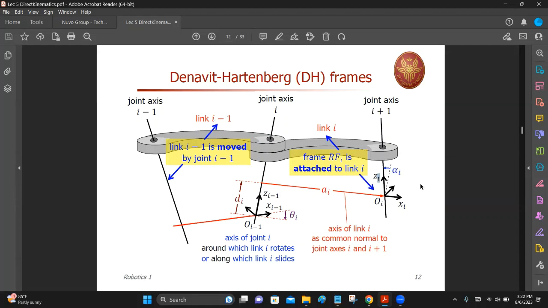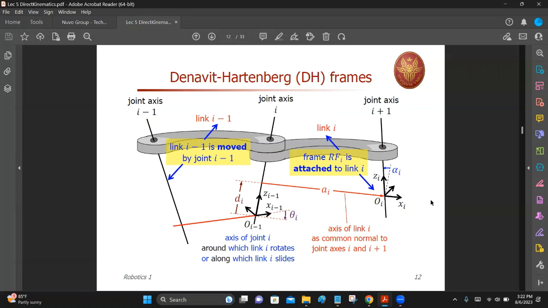So frame i minus 1 is actually the link i minus 1, at the end of the link. And frame i is actually the link i, at the end of the link. Now we have a mathematical description from one link to the other link.